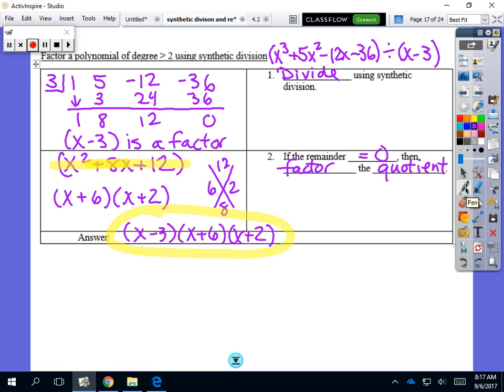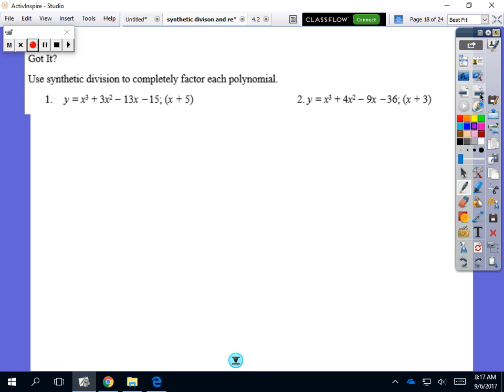Okay, so do these. If I divide this polynomial by this and I get a 0 remainder, then I know that it's a factor and I can factor that answer. So let's put my -5, 1, 3, -13, -15.